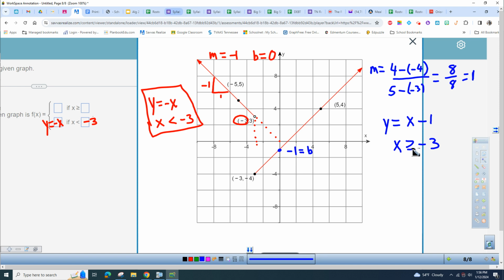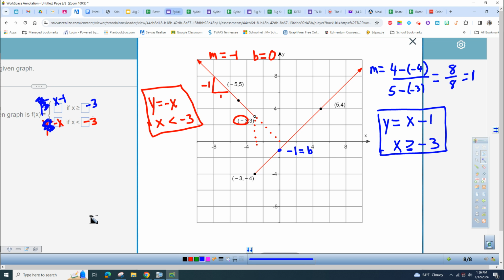Closed dot, so I get the equal to. So this is my second piece of the puzzle, okay? And so I translate that over, and this is going to be y equals x minus 1, and then x is greater than or equal to -3. And since we've got the f of x, it turns out I probably don't need to put the y equals here into the boxes because we already have y over there.